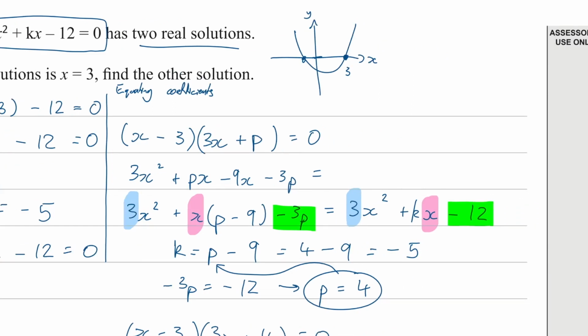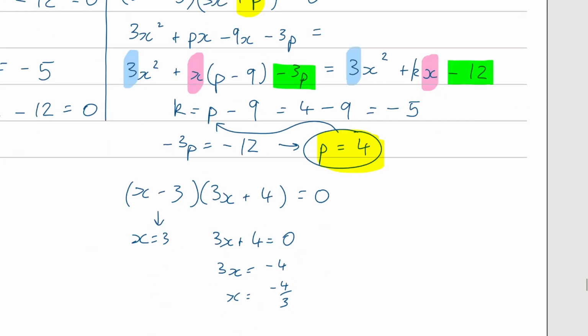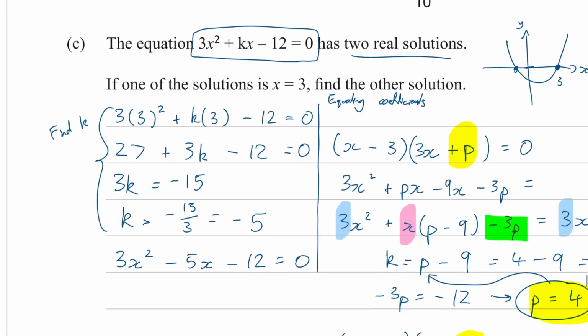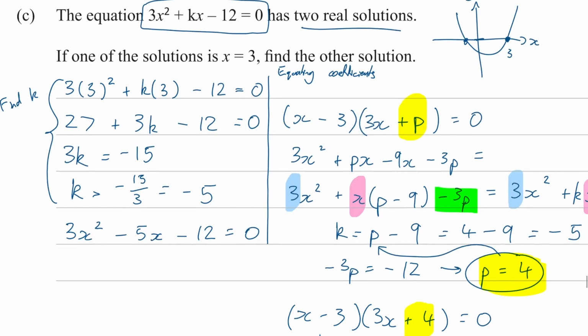We were able to solve for k as well, but we actually just needed p, because then we substituted in p equals 4 into our factorized form, and then we're able to solve for the other solution. So yeah, either method, perfectly fine. Would recommend learning how to equate coefficients because it's a very versatile tool.